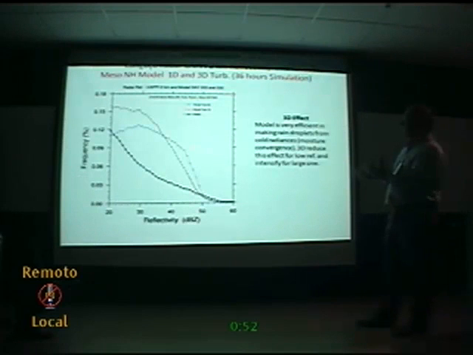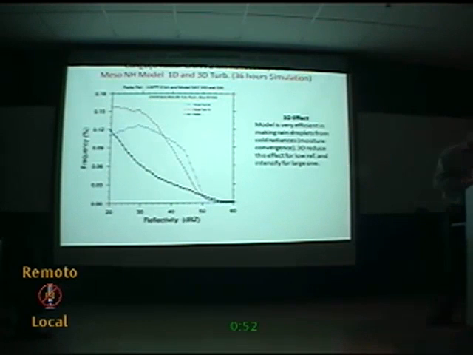And here is using the radar. This is the histogram of reflectivity from the radar, and this is the model 1D, the normal simulation. You can see that you have much more reflectivity here, and when you do the 3D, it approaches, but not enough to solve the question.